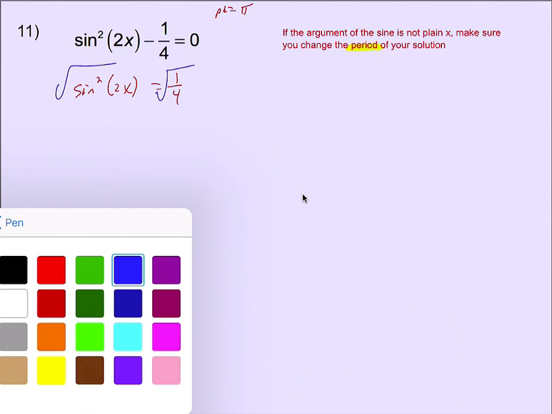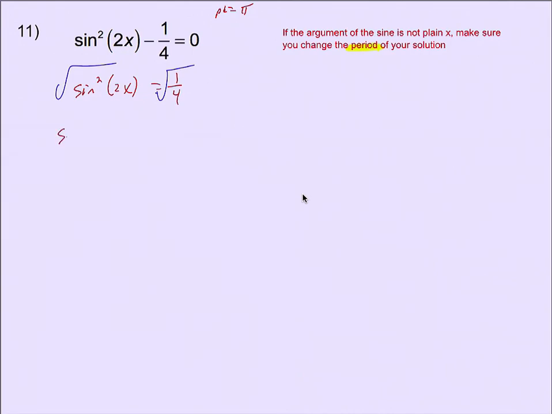But what that means is we're going to end up with a whole bunch of possibilities, because now the sine of 2x could equal positive or negative 1/2. And we think, all right, what angle has a sine of positive or negative 1/2? Well, now it can be in any quadrant, because it can be positive or negative. And the reference angle whose sine is 1/2 is pi over 6.